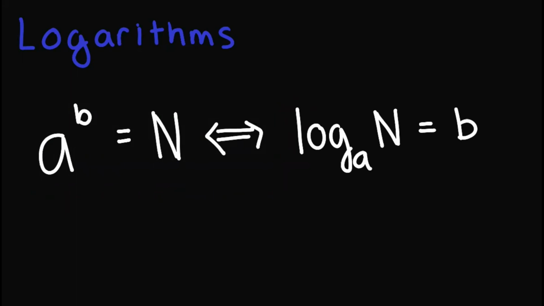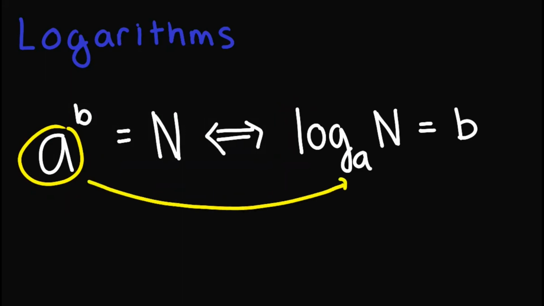So the idea is that the base here also goes to the base in the logarithm. And for n and b, it's like these two switch up out here.